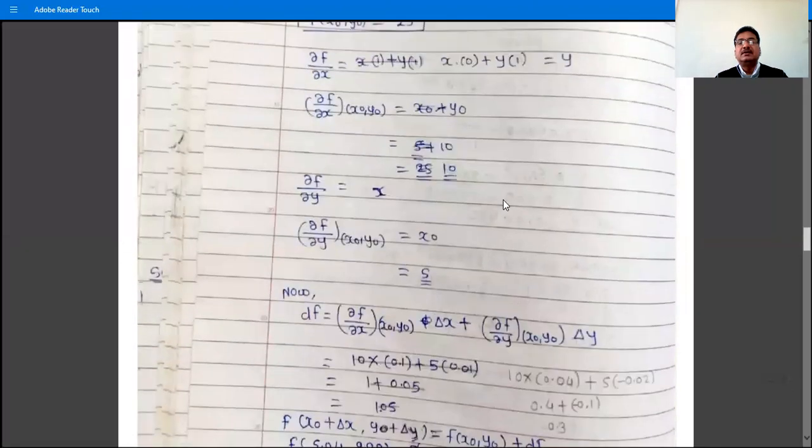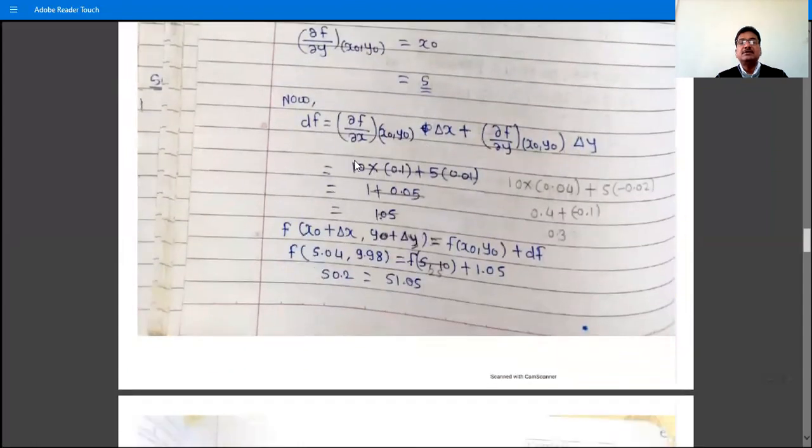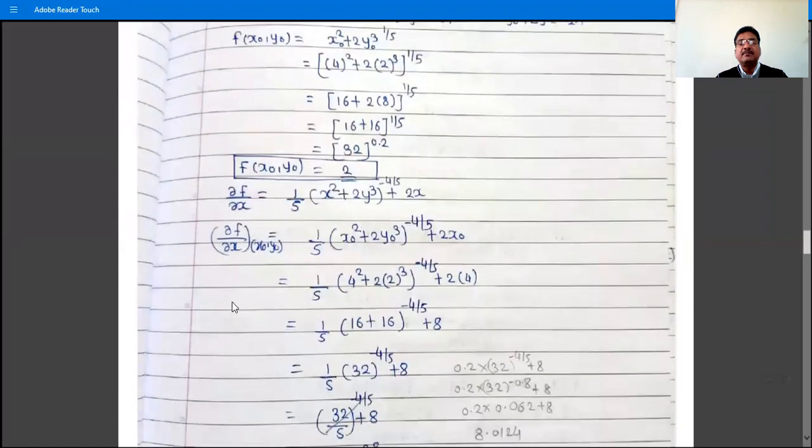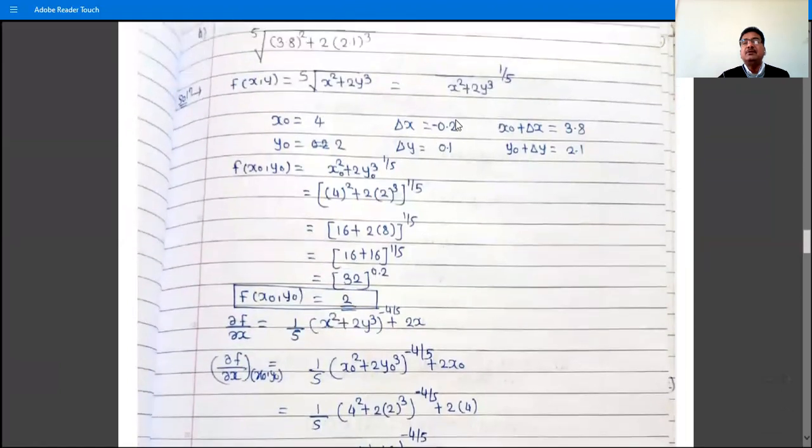What is df? The formula for capital df is del f by del x at x naught, y naught into delta x, plus del f by del y at x naught, y naught into delta y. So first find del f by del x and del f by del y, and then find their values at x naught, y naught. Del f by del x means the partial derivative of the function f(x, y) with respect to x, which is 1 by 5, using the rule n x raised to n minus 1, (x square plus 2y cube) raised to 1 by 5 minus 1, that is minus 4 by 5, into the derivative of x square plus 2y cube.